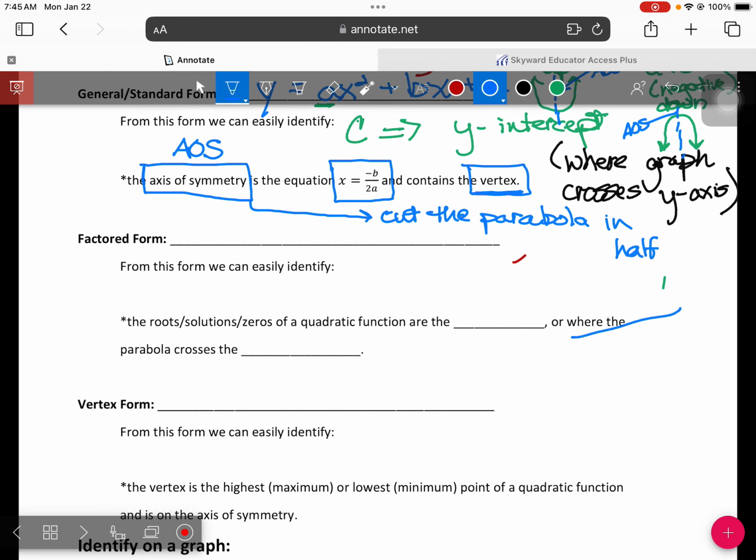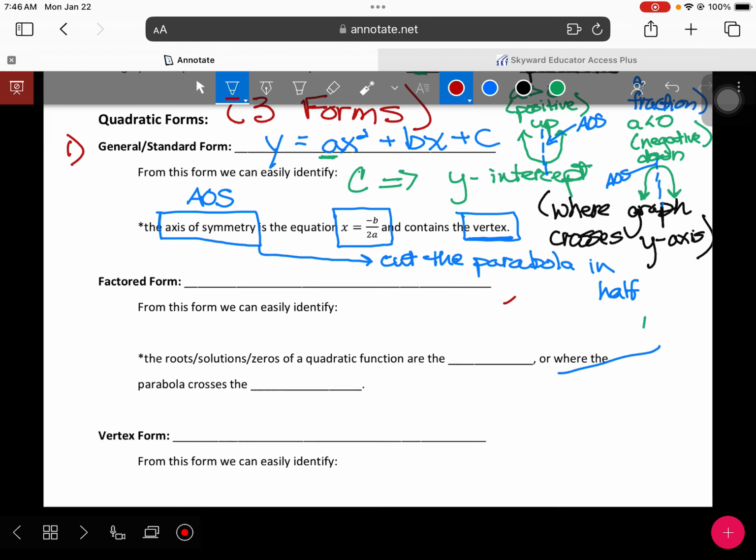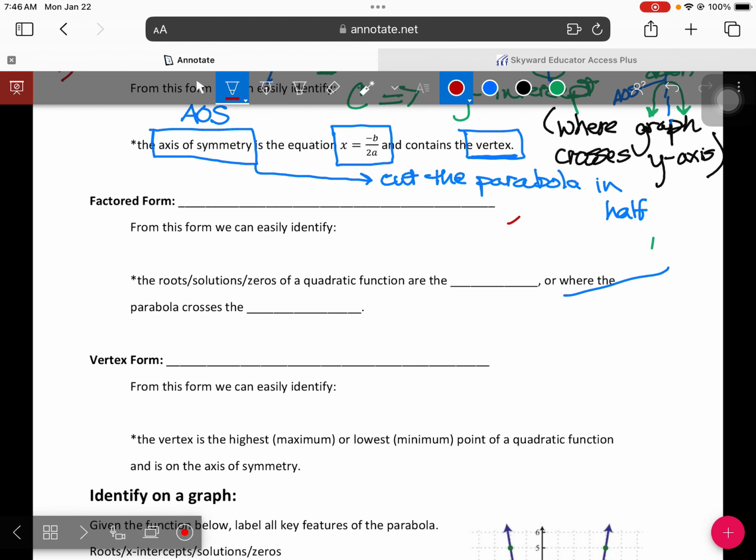Okay, factored form. This is the second form. So there's this standard form, ax squared plus bx plus c. So think about it. It's standard. It's like your ABCs. Factored form, what do we know about factors? Factors, you do what operation?